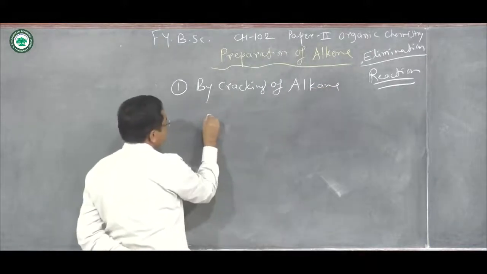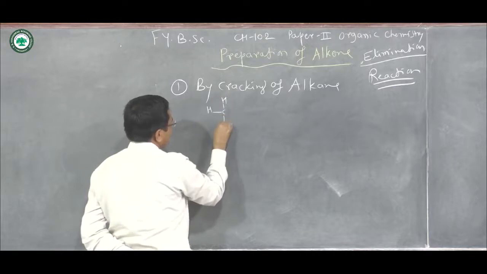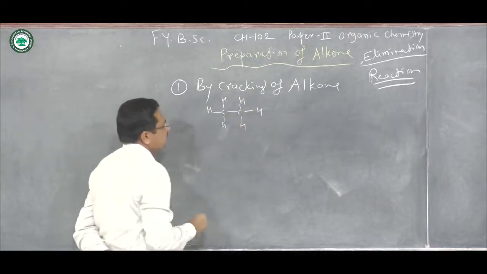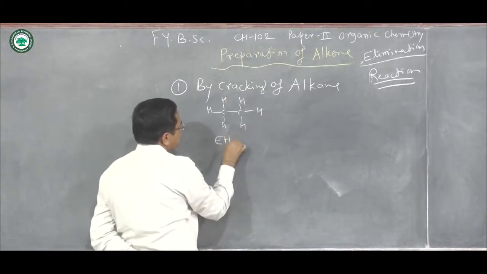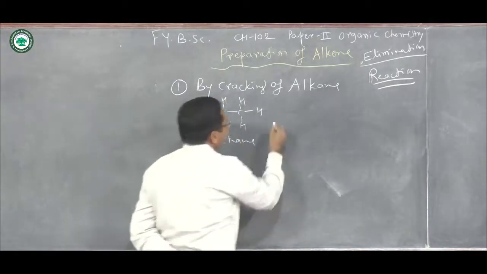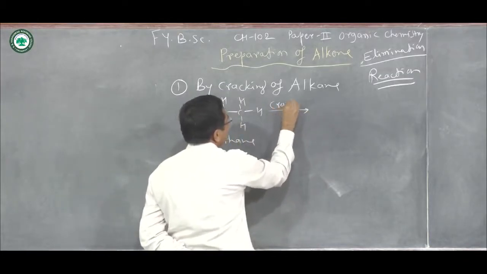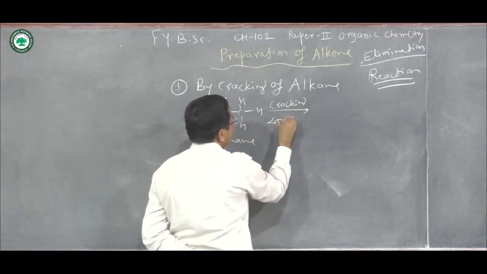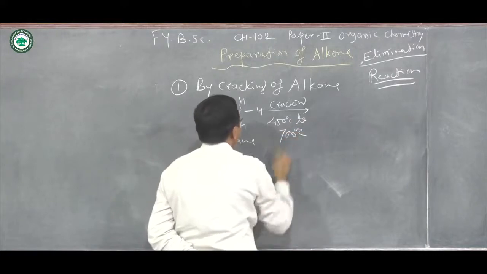Now in this case, when alkane, suppose you take the example here, ethane is subjected to cracking at 450 degrees Celsius to 700 degrees Celsius.